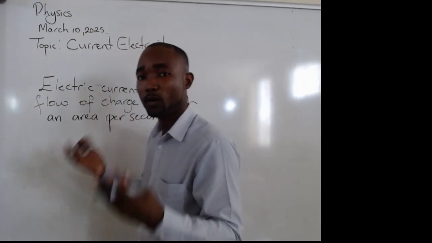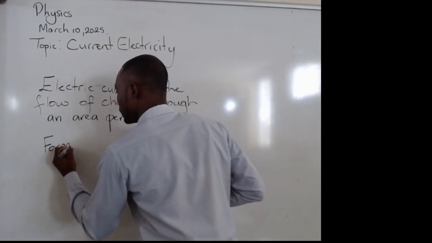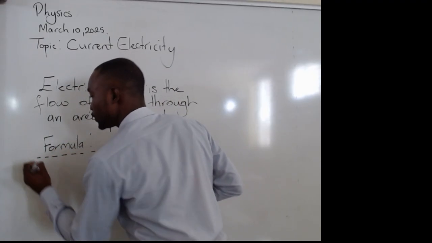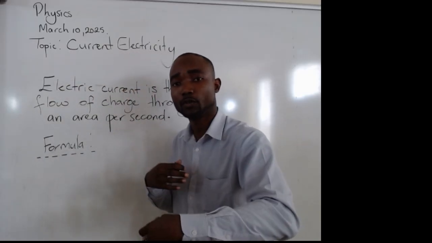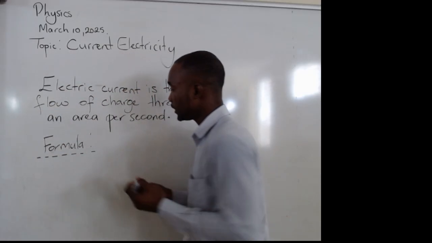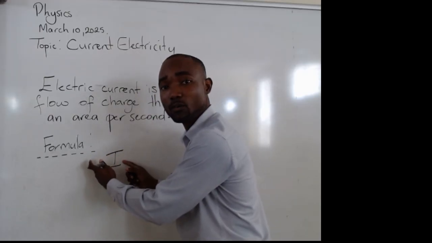In terms of a formula, because we normally use formulas, we have to do a definition. Some persons prefer to remember the formula, and in remembering the formula, they can derive their definition. So let's write the formula for this. I stands for current.